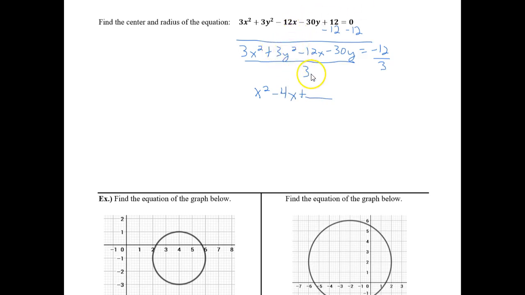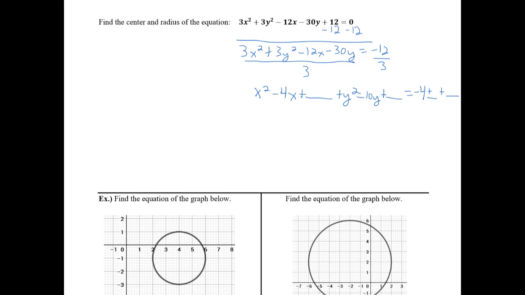So 3y squared divided by 3 is just y squared. And negative 30y divided by 3 is negative 10y. Plus some perfect value. And that will equal, on the right-hand side, negative 12 divided by 3 is negative 4, plus those same values that we found on the left-hand side, or we will find.